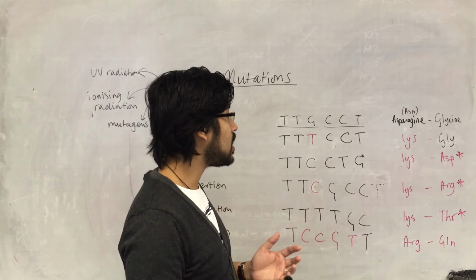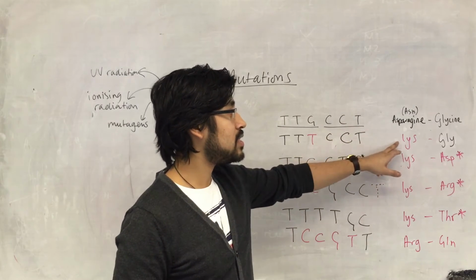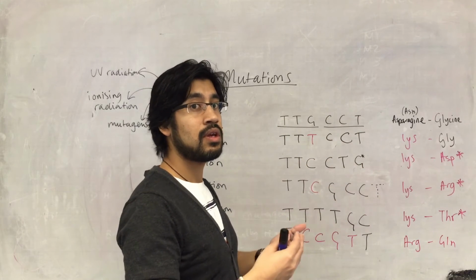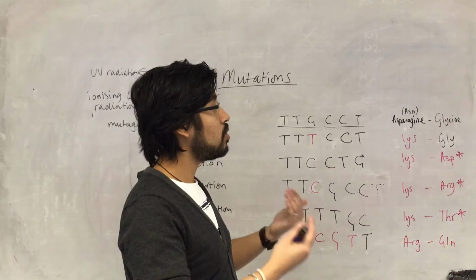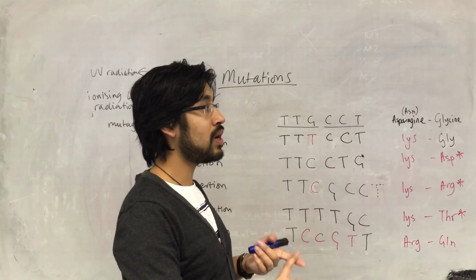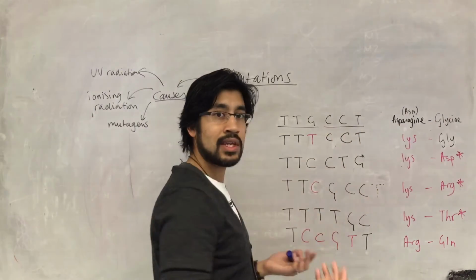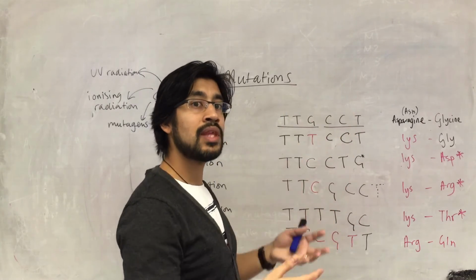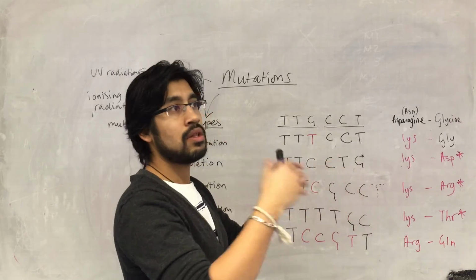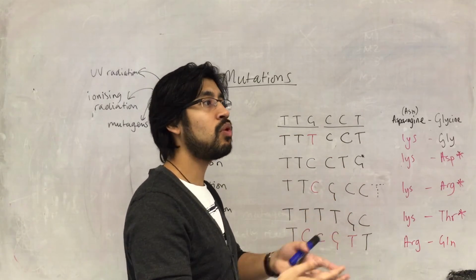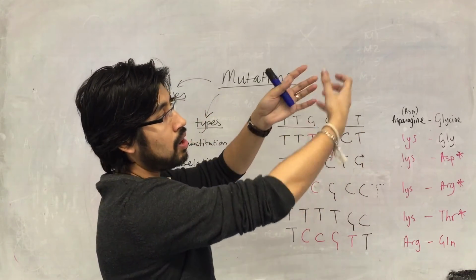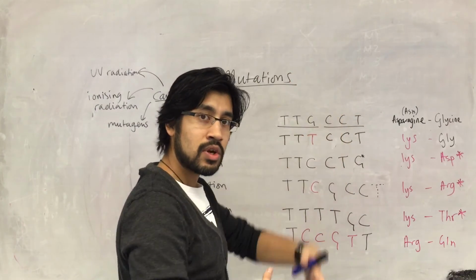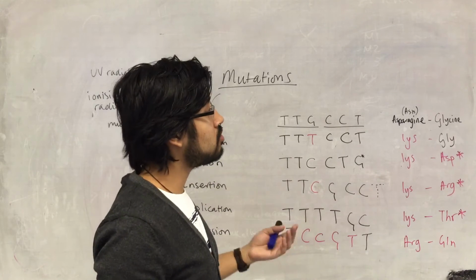So the amino acid change could be serious, have a lot of impact, or not. On one level, it depends on the kind of amino acid it changes into, and on another level, where in the protein it is. If it's nowhere near the active site of an enzyme, or nowhere near the part of the channel protein that interacts with the molecule that's going through, it might not have such a dramatic effect.